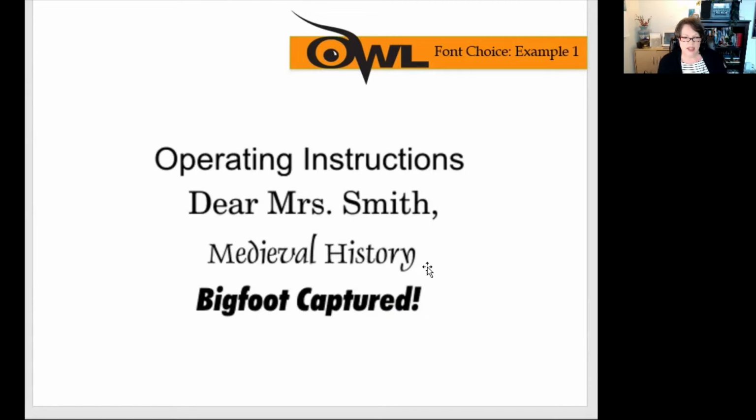However, let's look at these other 2. We have medieval history. You notice the font looks like what we think our idea of medieval script may be, right? This kind of looks medieval. So let's use medieval history, right? And then this font for Bigfoot Captured is similar to what we see in supermarket tabloids, National Enquirer, any of those publications where they have these sensational titles, right?